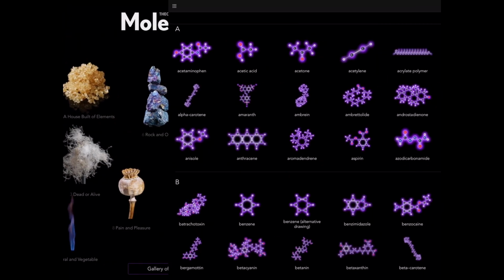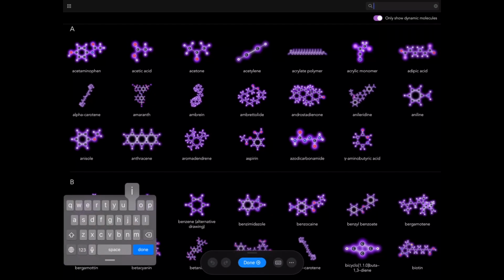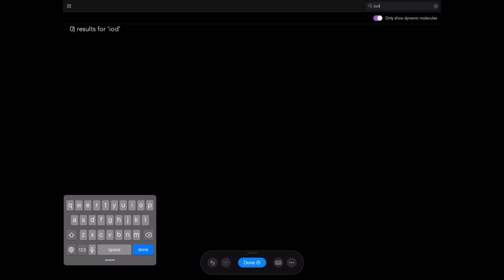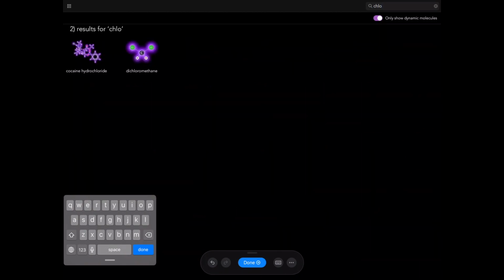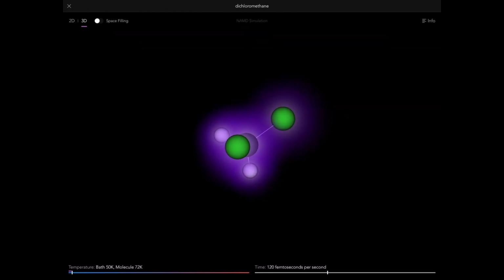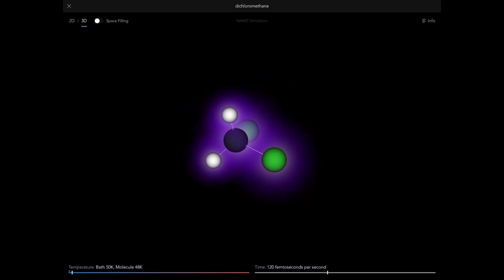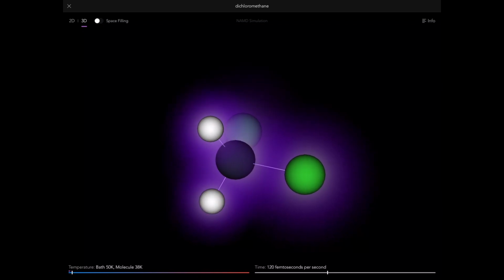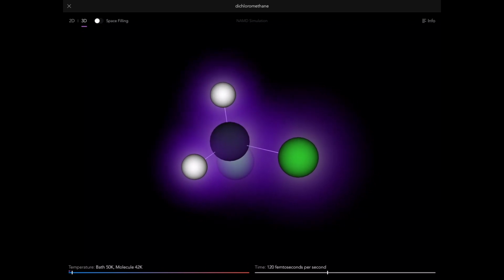Let's look at our gallery of molecules. I don't know, can I find an alkyl halide? Nope. Bromo, nope. Chloro, close enough. So you know that in our simulated molecules we have bond vibrations. Bonds are sort of springs, and we have bond angle vibrations.